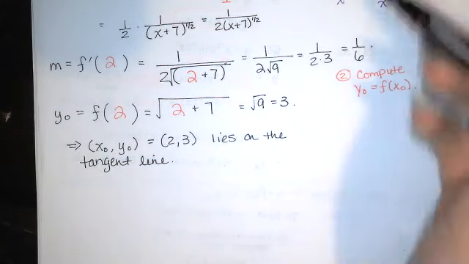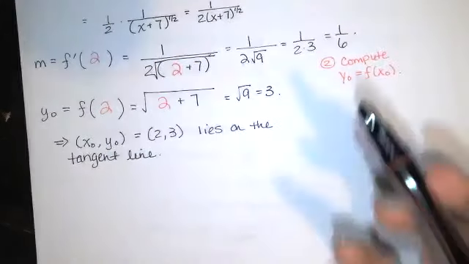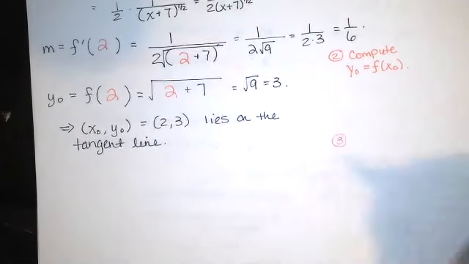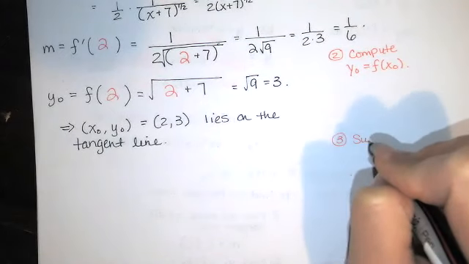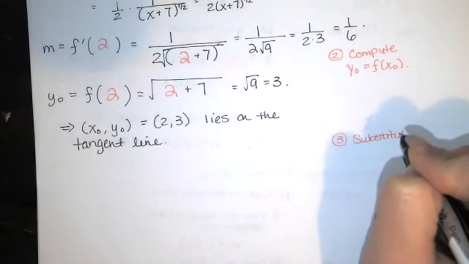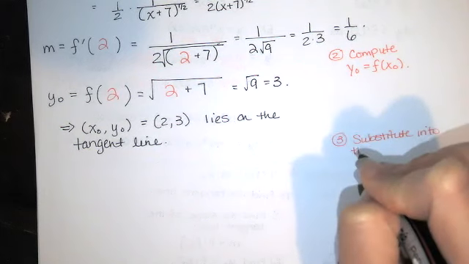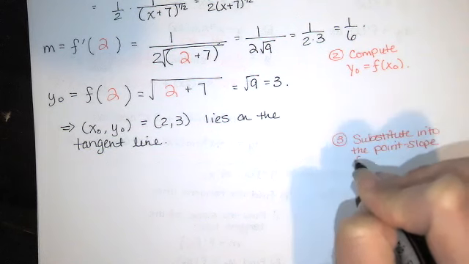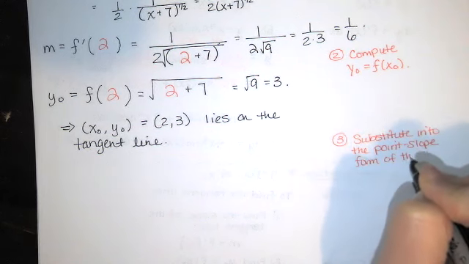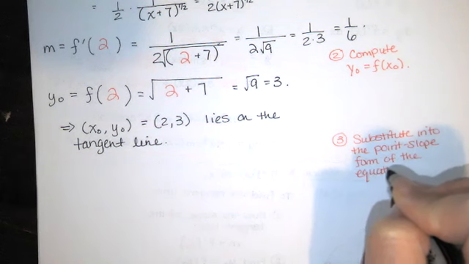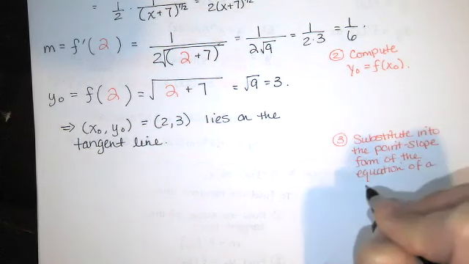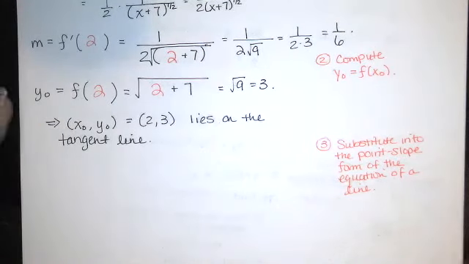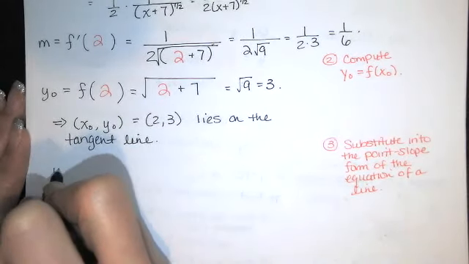Okay, so we've got the slope, we've got an xy pair. Now we're going to substitute into the point slope form of the equation of a line to find the tangent line. Okay, and remember what point slope form looks like.